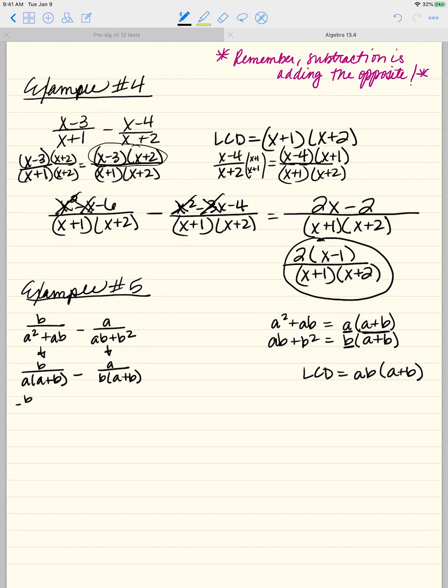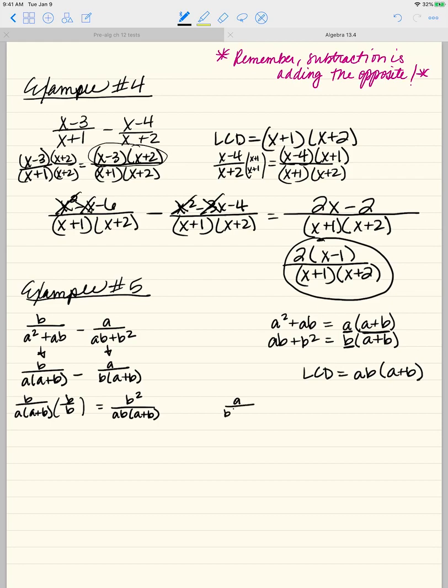Now, b over a times a plus b, I want it equal to an expression with this as the denominator. So what do I need to multiply a times a plus b by to get ab times a plus b? Just b over b, right? So that in the numerator gives me b squared.